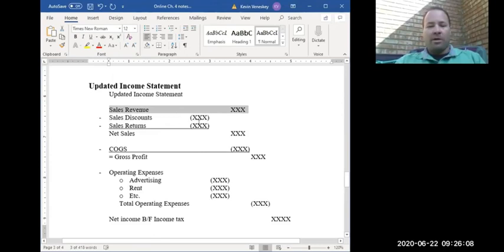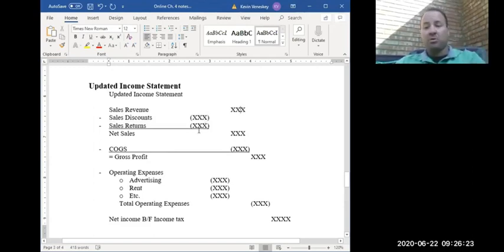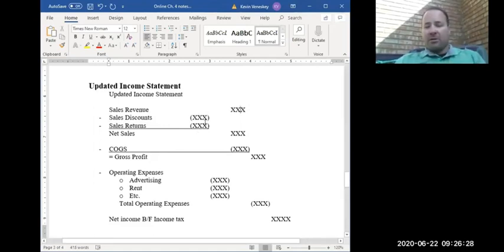But now we're going to take away some of the new things from our revenue, because remember, they're contra accounts. So we take our revenue and subtract out any discounts we gave, and subtract out any returns that our customers brought back to us. So remember, this is our sales returns. We are the seller and our customers brought it back to us.